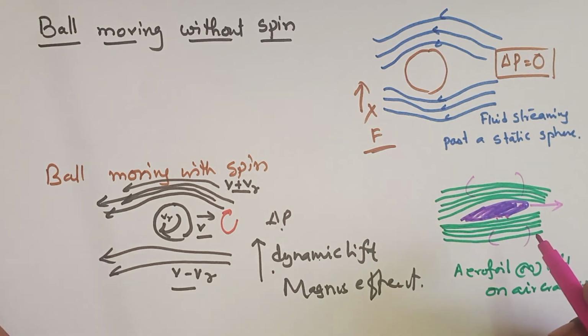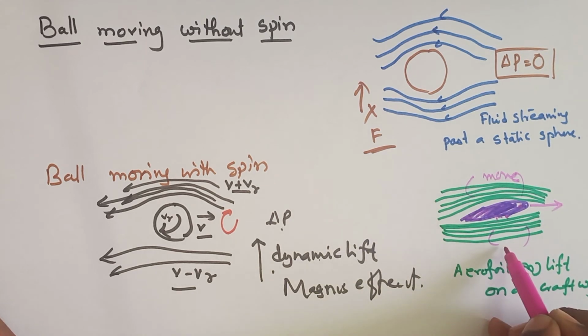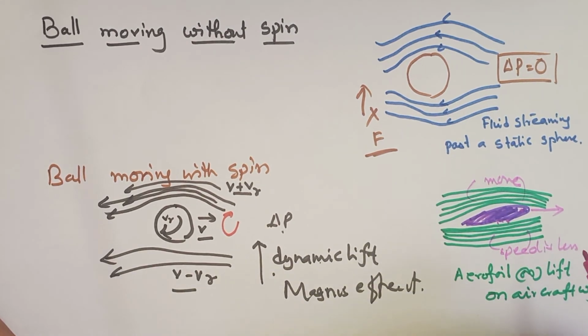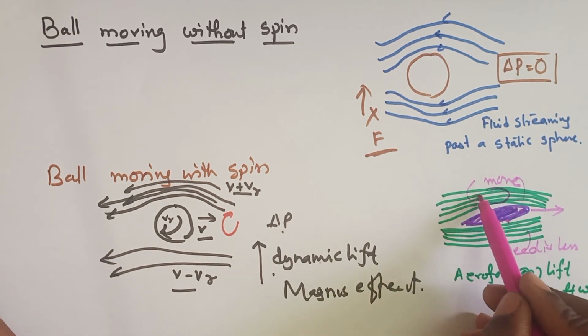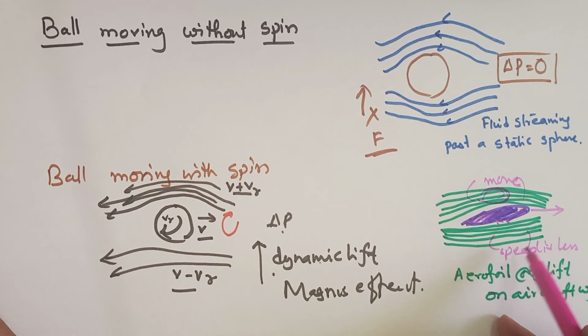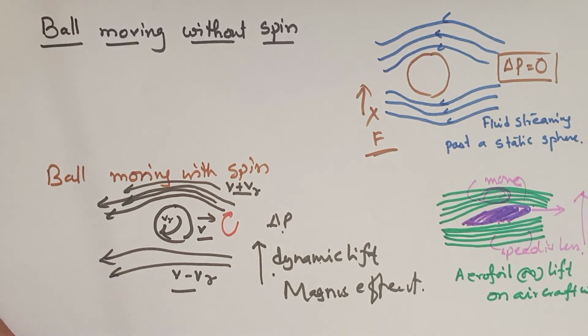The flow speed on top is more and below is less. So there is a dragging of air, and with the combination of more and less speed, the pressure below is more and above is less, so it is lifted up. This lift balances the weight of the plane.